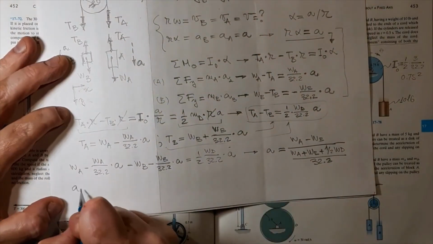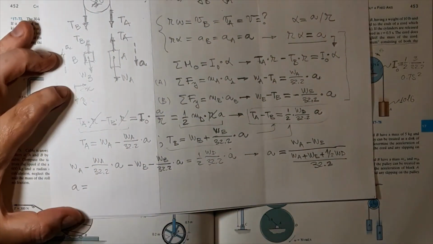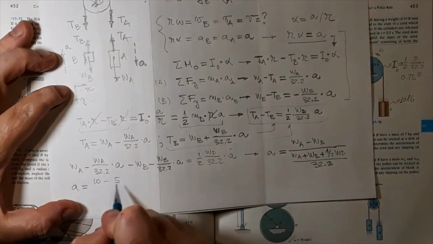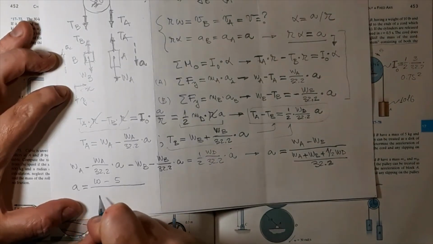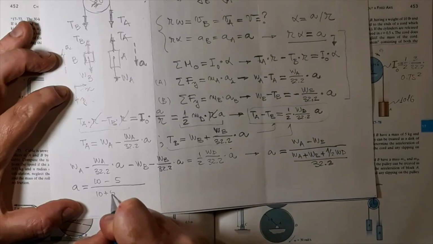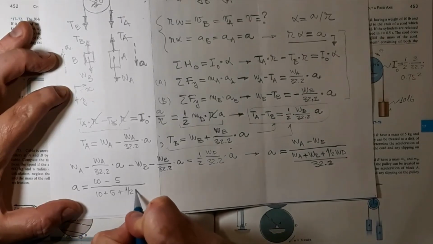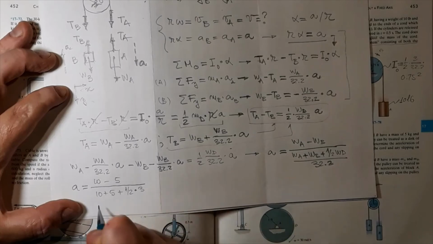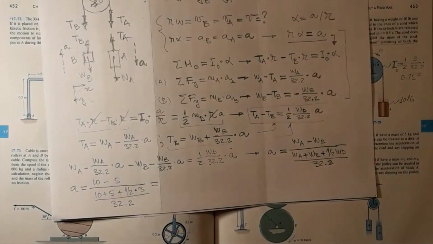So A is with numbers now 10 pounds minus 5 pounds over 10 plus 5 plus 0.5, 1 over 2 times 3 over 32.2. And let's see what we have.